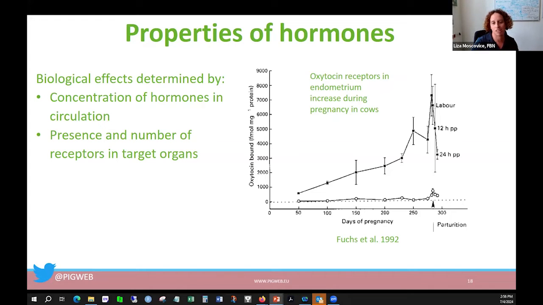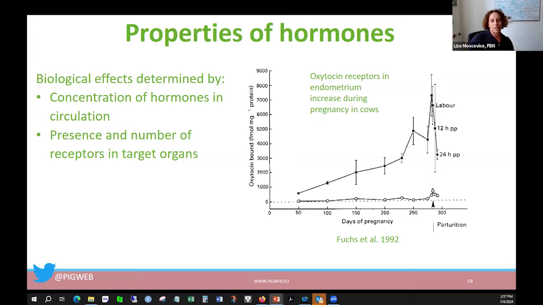So here you see in cows again during pregnancy, the steady increase in the number of oxytocin receptors in the endometrium as pregnancy progresses. And same thing, you have this kind of peak in the oxytocin receptors around the time of birth.